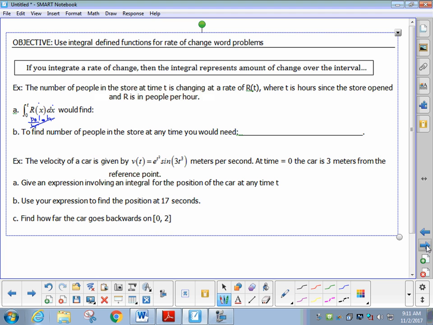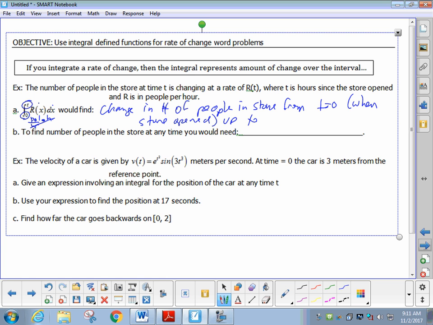What about the limits of integration? Change in the number of people in the store when? Change in the number of people in the store from time 0, when it opened, up to what point? Any time t.